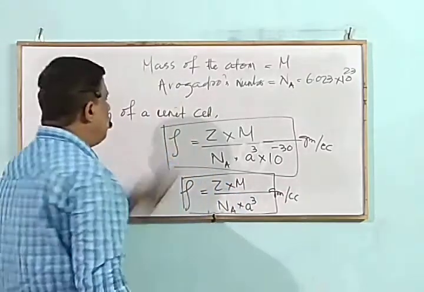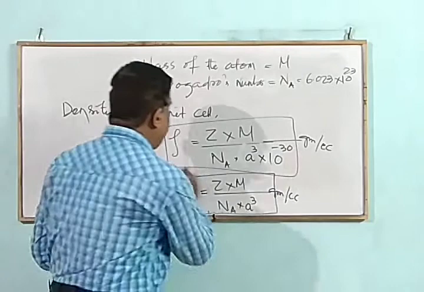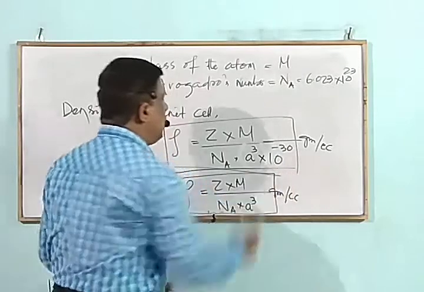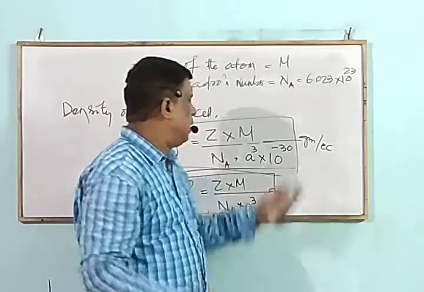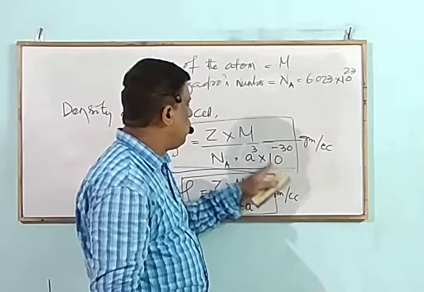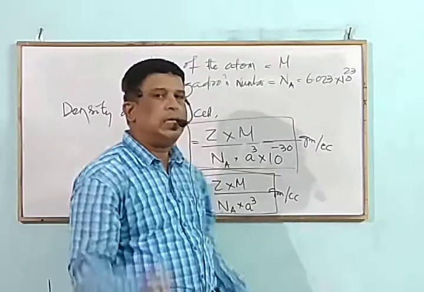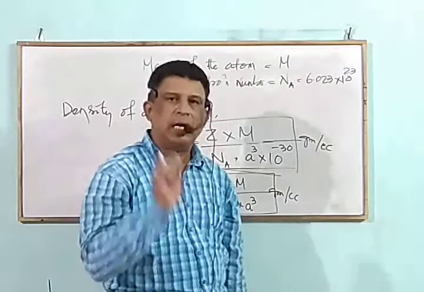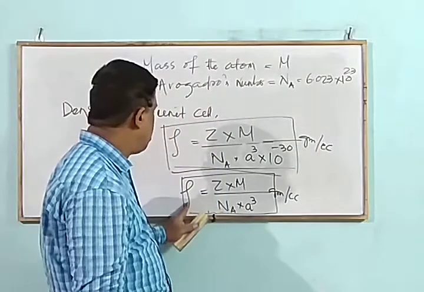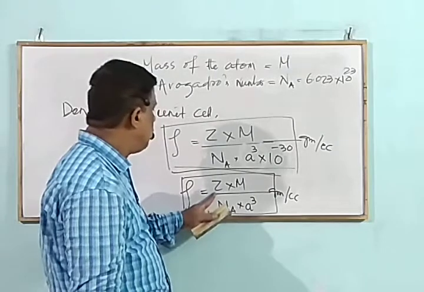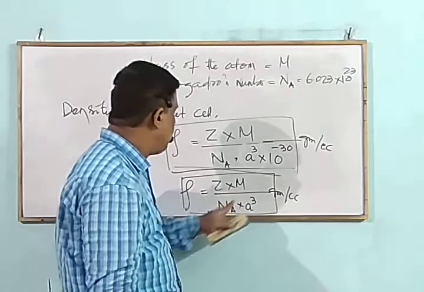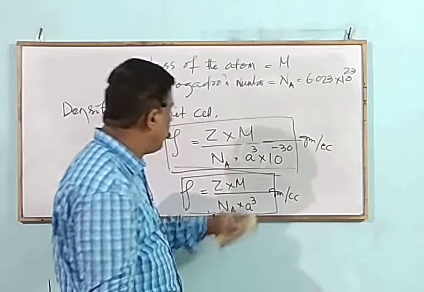I repeat again, two formulas there. If the unit of the edge length is given in picometer, then we have to transfer in centimeter and multiply 10 to the power minus 30. While if the edge length is initially in the question given in centimeter, then we apply this formula, that is density is equal to Z into M divided by Na into A cubed.